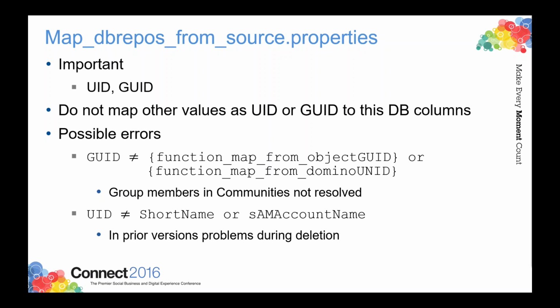When I changed UID to something other than short name, I got problems when I wanted to delete users with 4.0 and I think 4.5. When I change something within GUID, it will mostly work, but you will get problems when you use groups within communities. So your groups are not recognized, or your users are not recognized when they are only enabled for a community through a group. So please use GUID and UID here, or open a PMR with IBM and let them know that you want to store something else here.